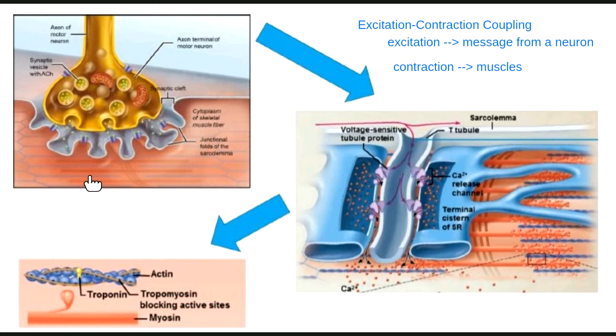We talked about two things that are problems with this. The first is Botox, the thing that bacteria make, botulinum toxin. When we talk about Botox, what do you remember about what it does?